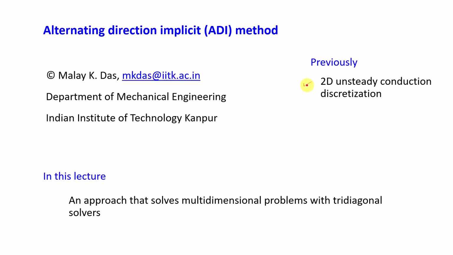We are discussing the 2D unsteady heat conduction equation, the discretization of that equation using explicit, implicit, and Crank-Nicolson methods, which we have seen in the previous lecture. In the explicit method, we don't have to invert any matrix.